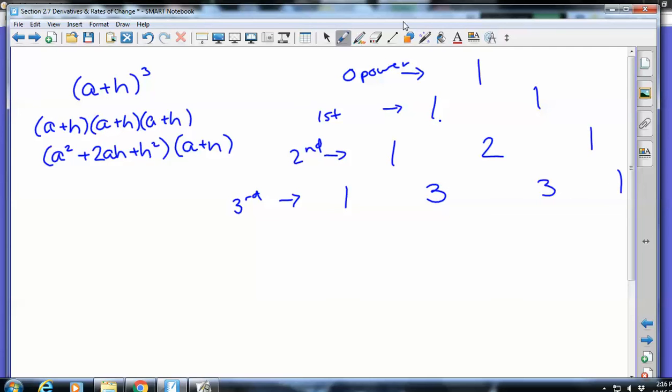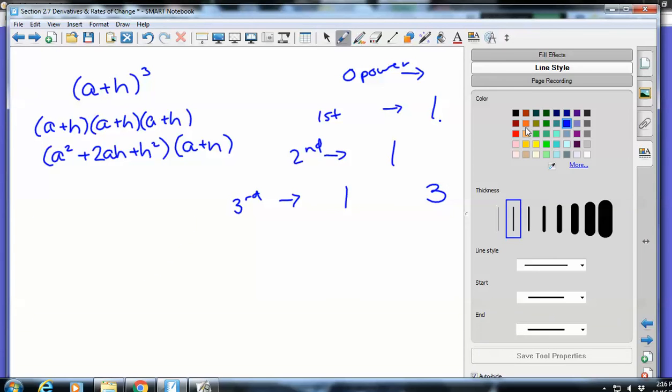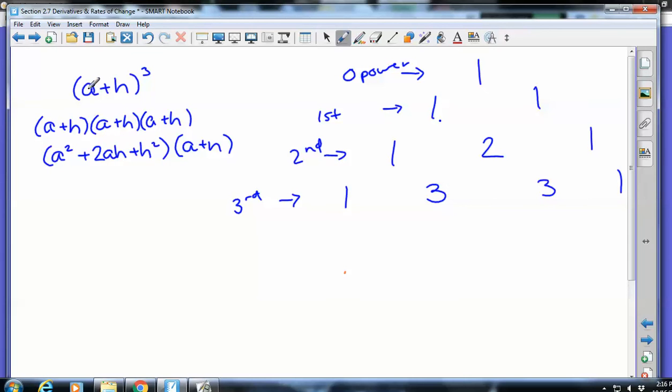I wanted to do a plus h to the third, right? These are going to be my coefficients. What you're going to do is you come in here and you start out with a to the third. Then you drop your power each time. So a squared, a. This would be where your a is gone. Your h's come from the other direction.